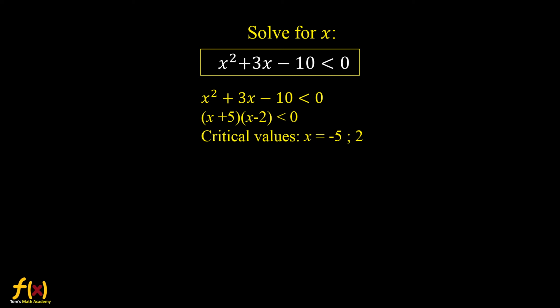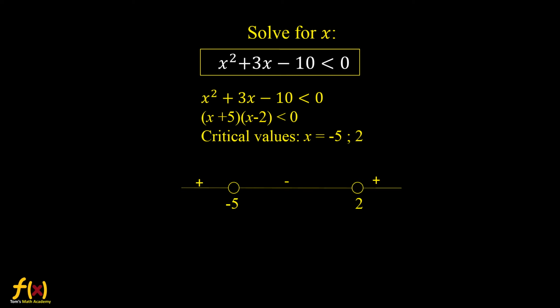We draw a number line with 2 points, minus 5 and positive 2. On the number line, we mark the space in between minus 5 and 2 as negative. The other two sides are marked positive.